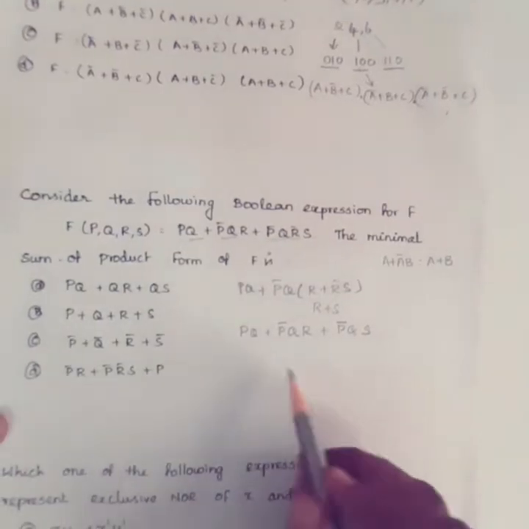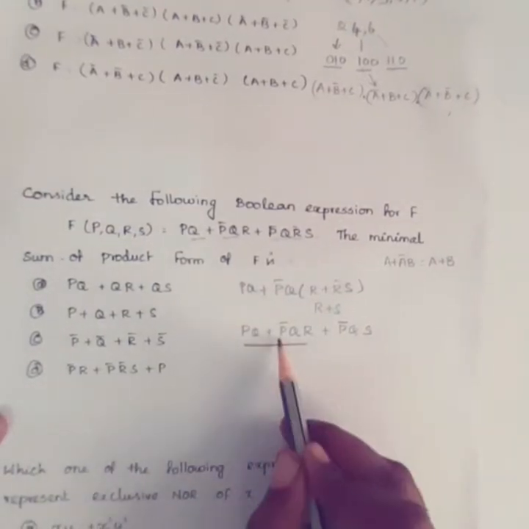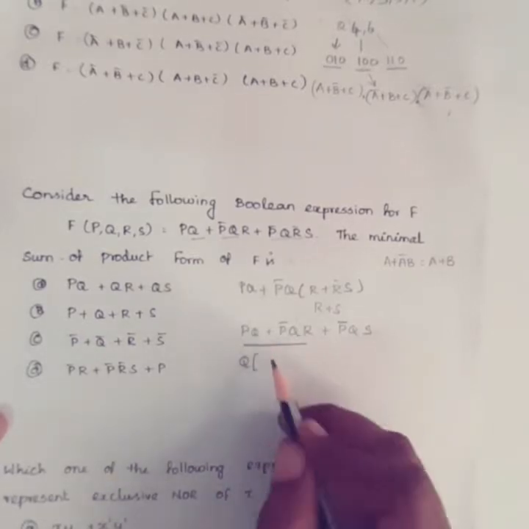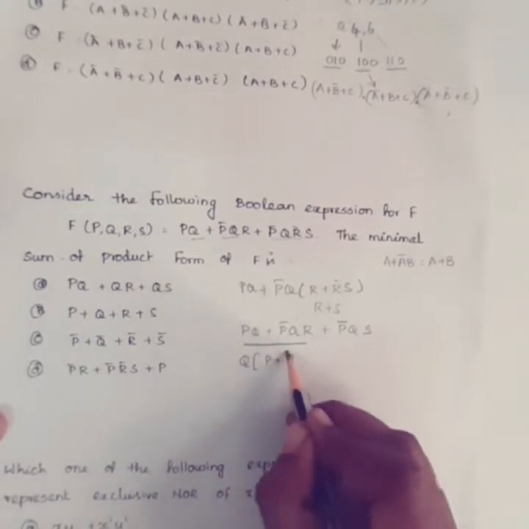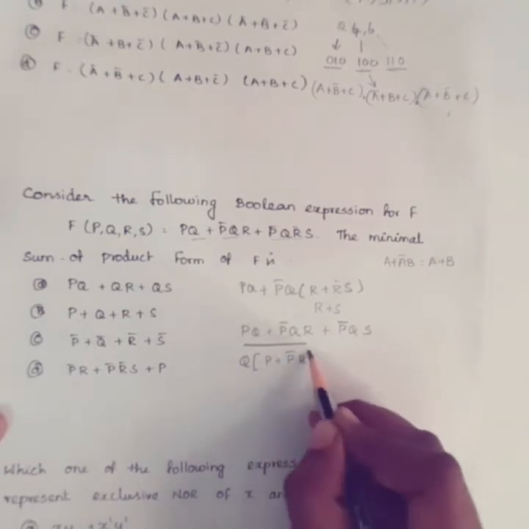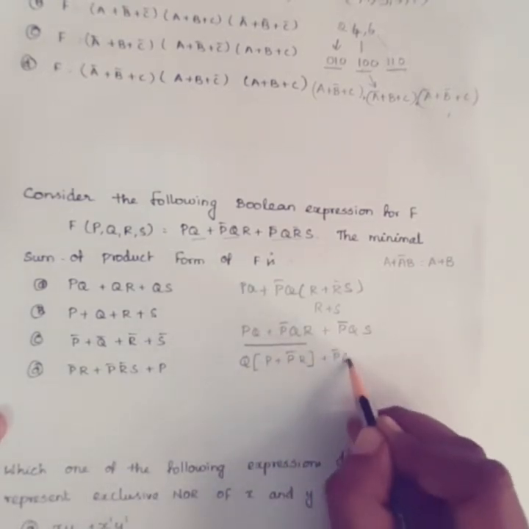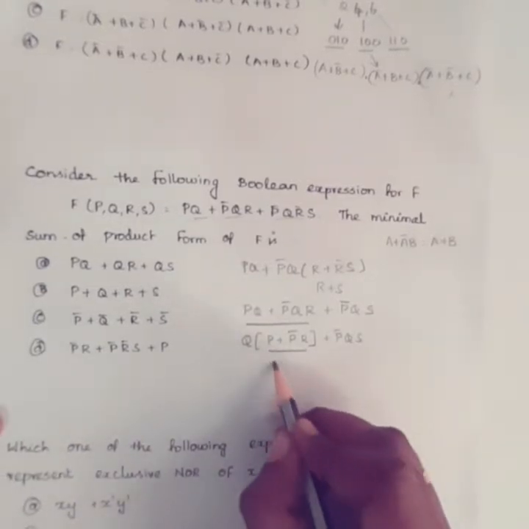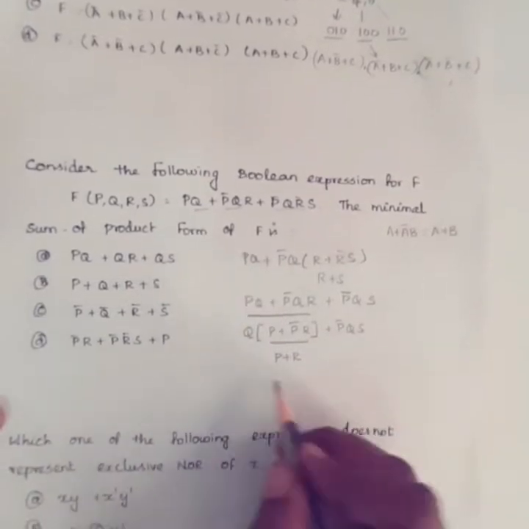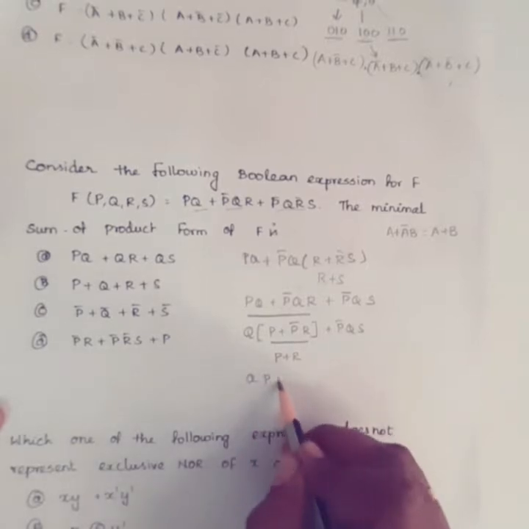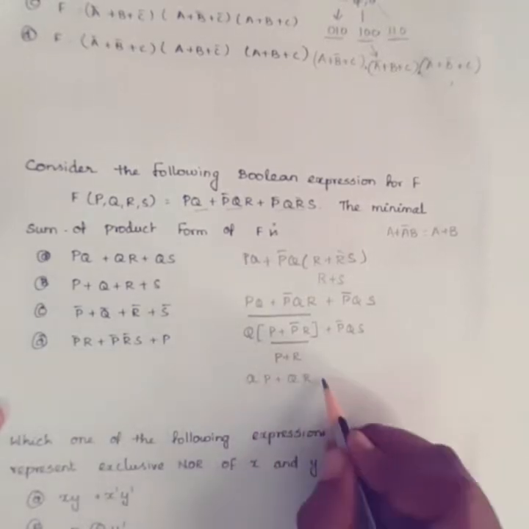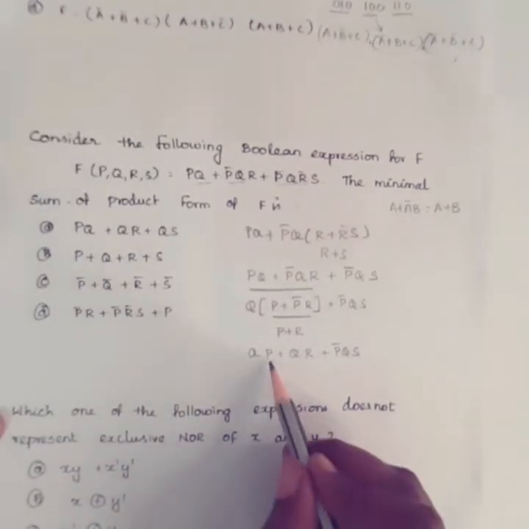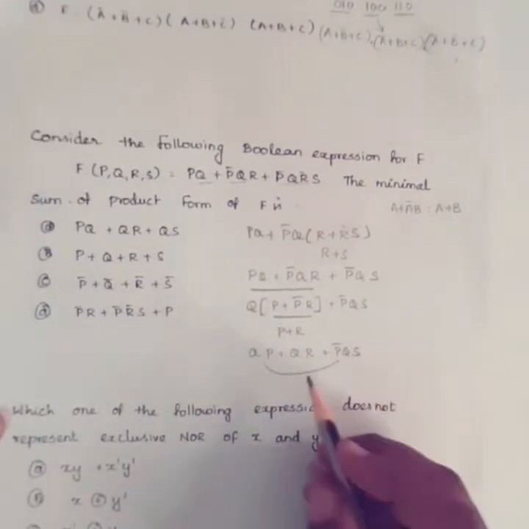Next, combine these two terms by taking this Q outside, that is, we are using the distributive law. Q (P plus P bar R), and here P bar QS. Here also we can use the absorption law, so you get P plus R. So we have QP plus QR plus P bar QS, right? And next combine these two terms.